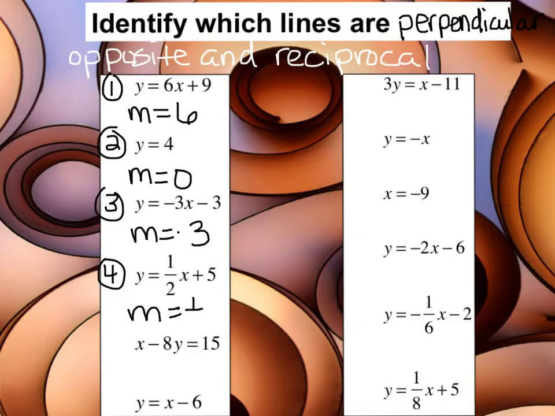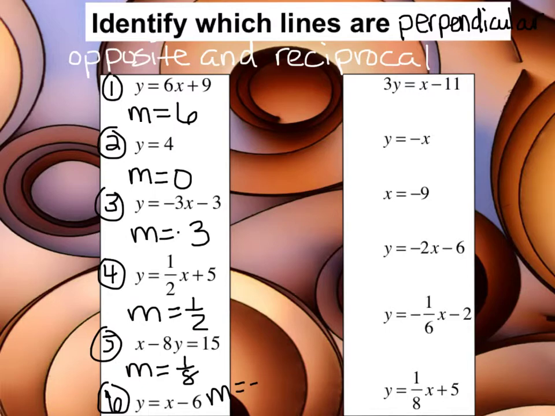m equals 1/2 for number 4. Number 5, we would actually have to manipulate that equation. I would have to subtract x from both sides and then divide by negative 8. So I would get the slope to be positive 1/8. And for number 6, our slope is going to be positive 1, excuse me.